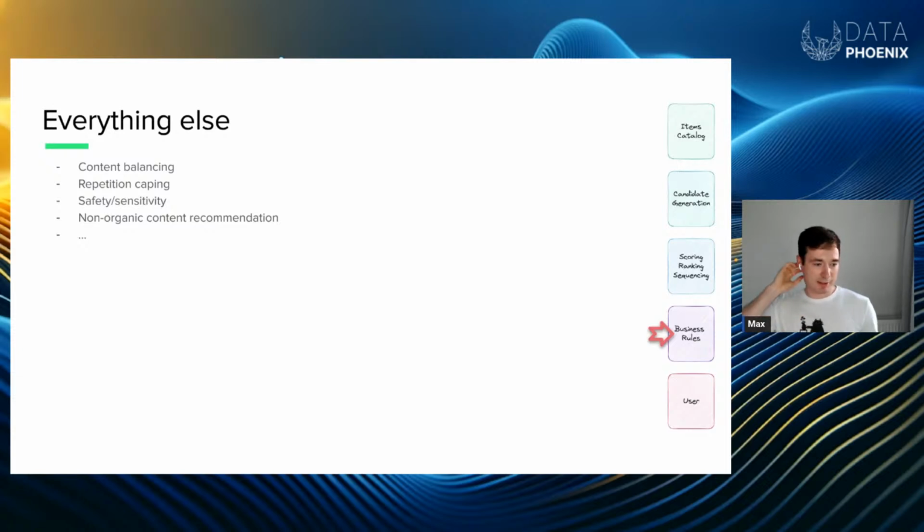Obviously, all of that can ideally be included in the previous stages, so that you construct your modeling task around accounting for all these requirements. But nowadays recommendation systems have grown significantly in complexity.